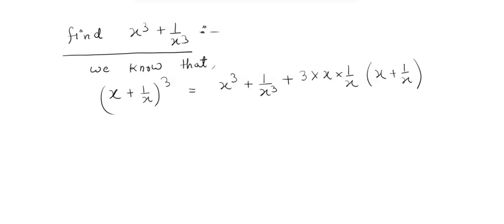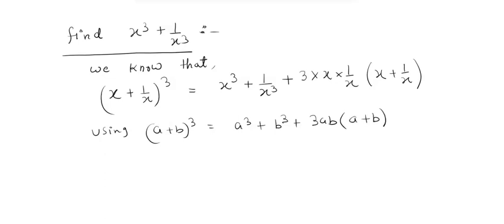Using identity a plus b whole cube is equal to a cube plus b cube plus 3ab in bracket a plus b.